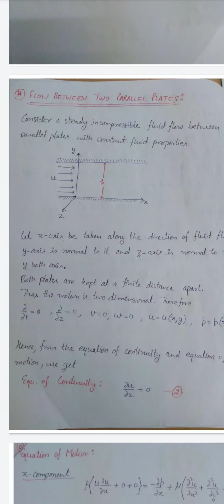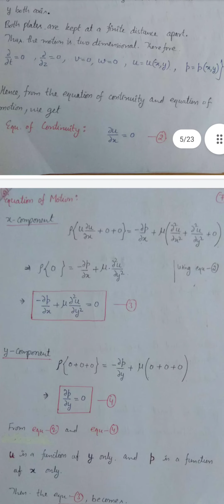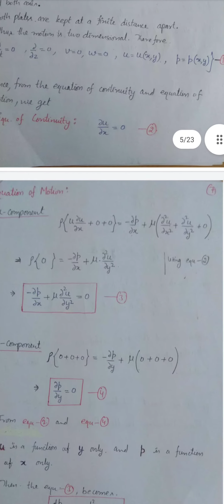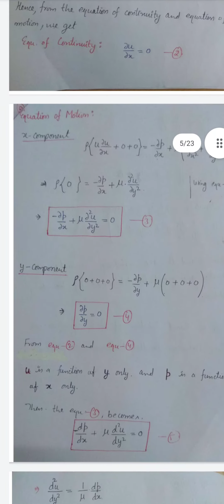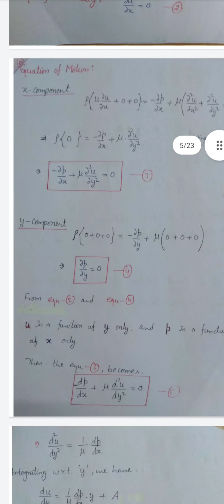Therefore, we get ρ(∂u/∂t is 0, and we get here u ∂u/∂x, v is 0, w is 0), which is equal to −∂p/∂x plus μ(∂²/∂x² plus ∂²/∂y² plus 0) into u. And you will get 0 is equal to −∂p/∂x plus μ ∂²u/∂y², which is equal to 0. Right?